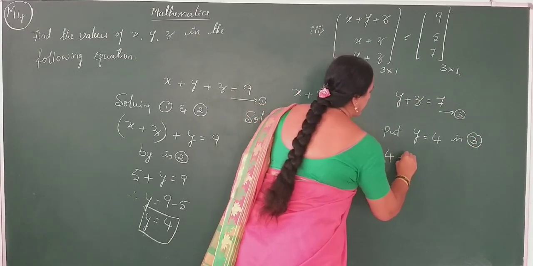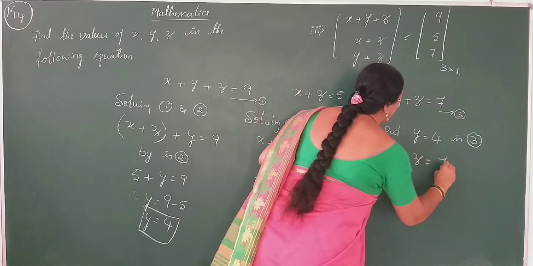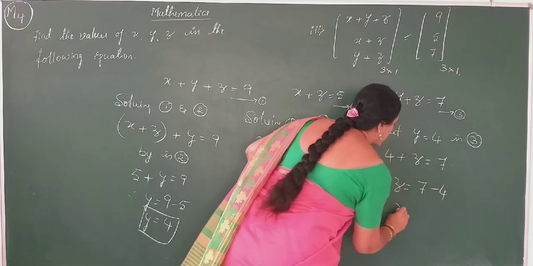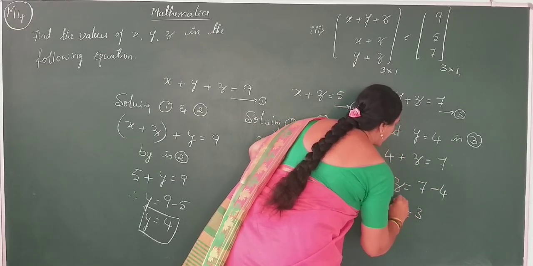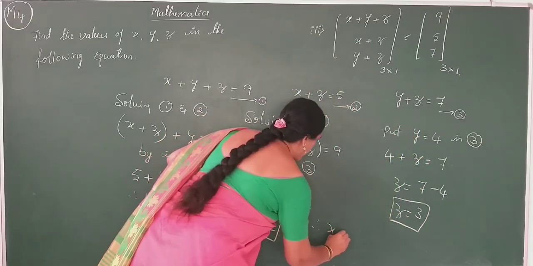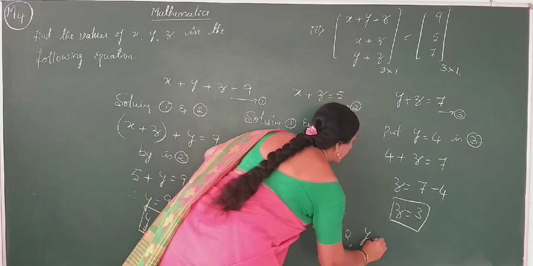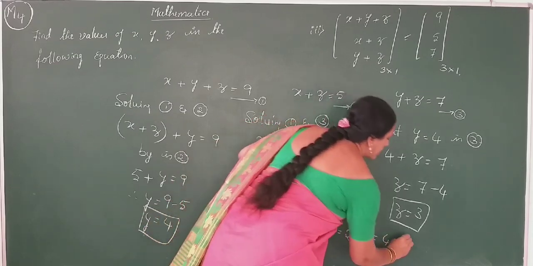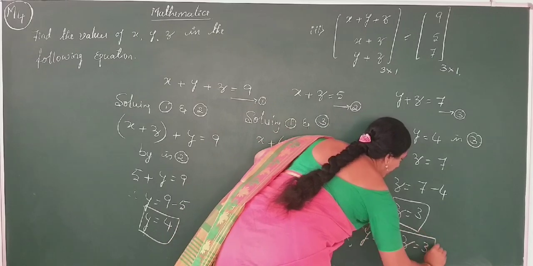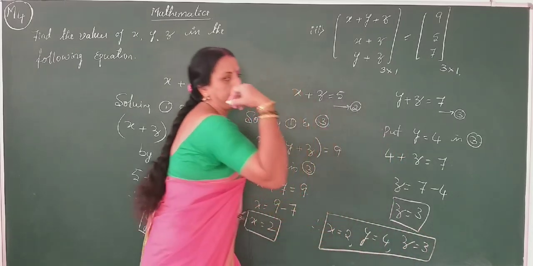That is 4 plus z is equal to 7. Then z is equal to 7 minus 4. Therefore z is equal to 3. That is the value of z. Therefore x is equal to 2, y is equal to 4 and z is equal to 3 are the values of x, y, z in the given equations.